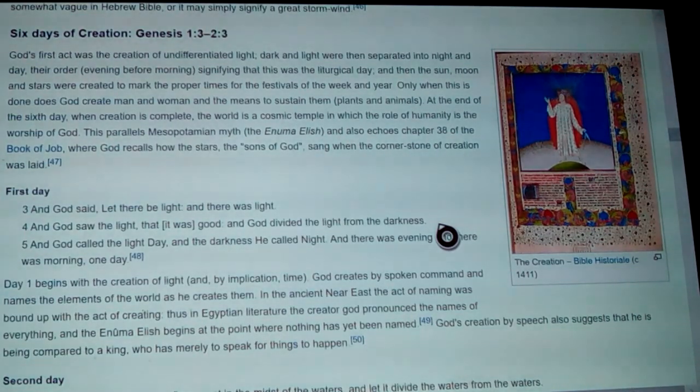There are 6 days of creation, which ironically echoes the 6 days of Enki and the starting of the earth. And on the 7th day, he went ahead and had rest himself. Now, the first act was creation of undifferentiated light and dark, and then separated into night and day, their order, evening before morning, signifying that this was the liturgical day, and then the sun and moon and stars were created to mark the proper times for the festivals of the week and the year.